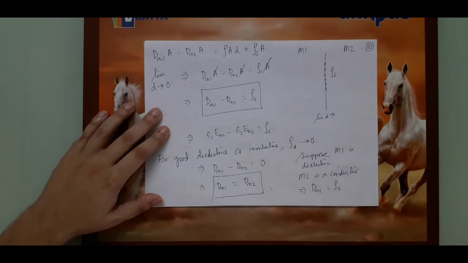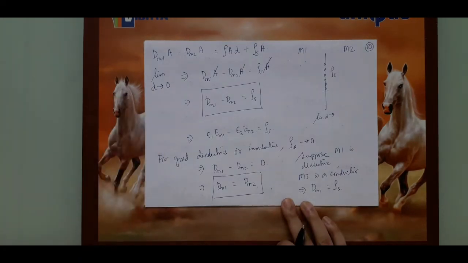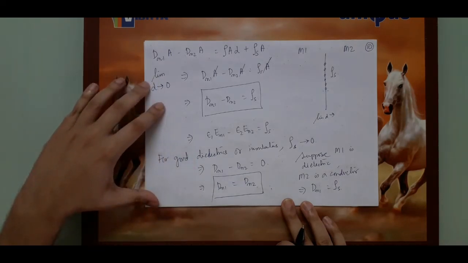So this is how the condition for displacement changes with different media. Now, we applied two laws so far. One was Faraday's law, the other was Gauss's law for the electric field, and we found out what happens to the normal and tangential components for the electric field or electric displacement.